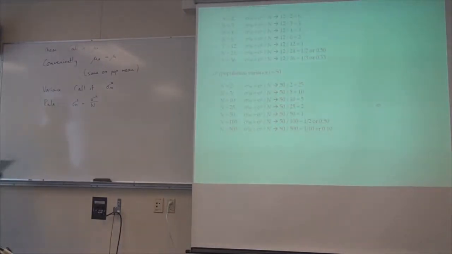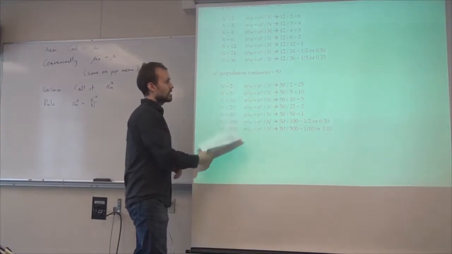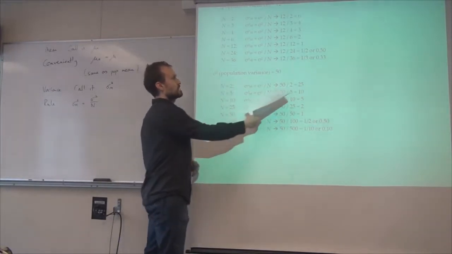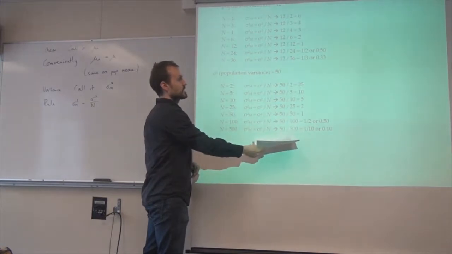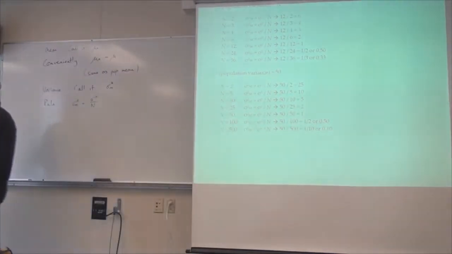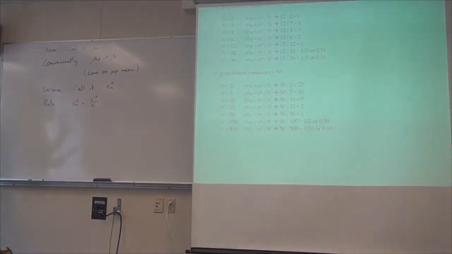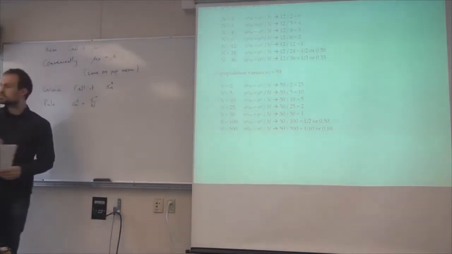Another example here, if my population variance is 50, then depending on the sample size, I divide the population variance by the sample size, and the larger sample size will result in a smaller variance, smaller fluctuations between the samples.